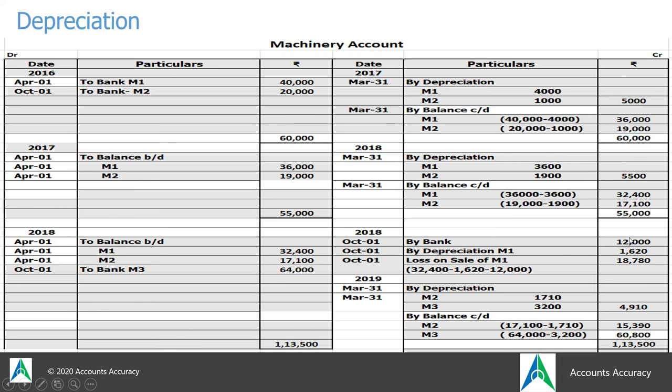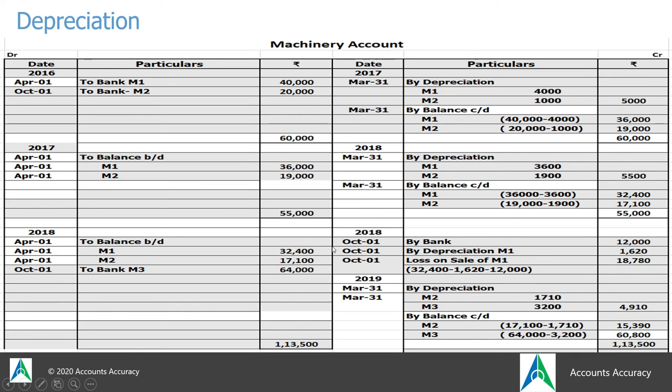Now we also notice that 12,000 was received, so we will deduct 12,000 also. What we notice is that the machine was sold at a loss, because after deducting these two values, that is 12,000 and 1,620, a balance of 18,780 was left, which was not received on its sale. So this loss was suffered by the company.